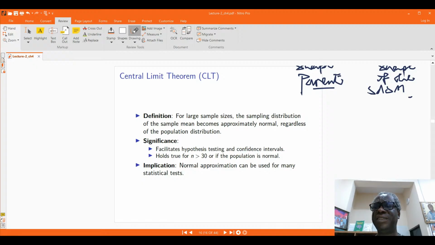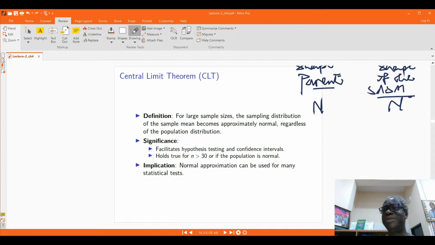If the parent is normal, then without any serious trouble, the shape of the sampling distribution of the sample mean will also be normal.